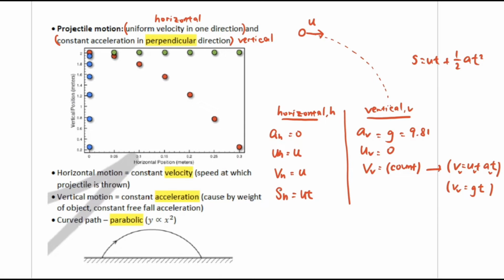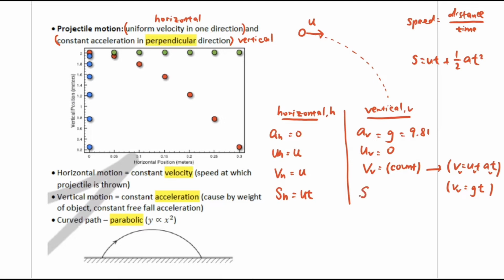Of course the other way is to use speed equals distance over time. But be careful, this formula is true when there is no acceleration. So it's suitable for the horizontal component. Speed multiplied by time, you get the distance.